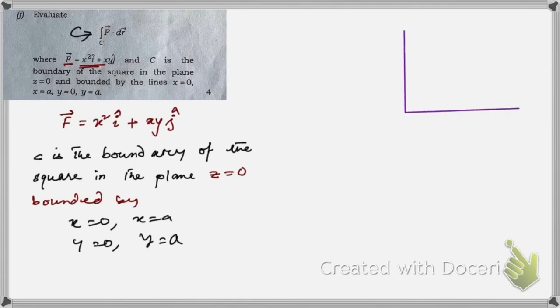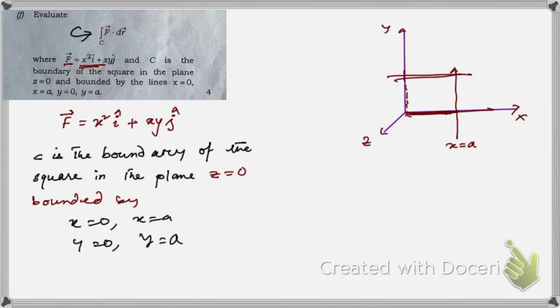This is y, this is x, and this is z. x equal to 0 is the equation of the y-axis. Then x equal to a is a line parallel to the y-axis, suppose this length is a.